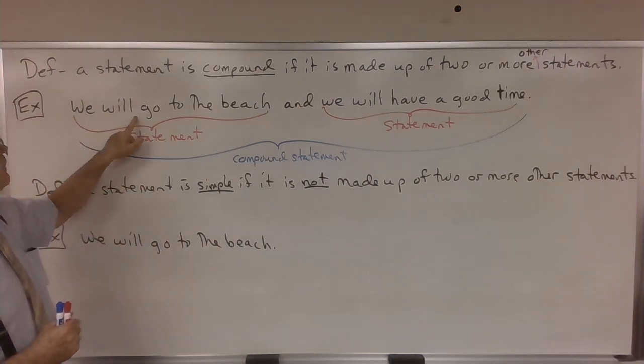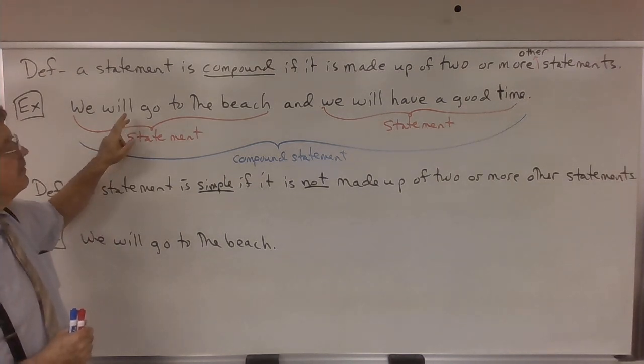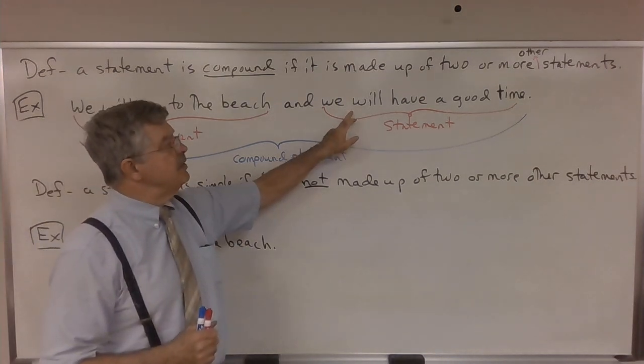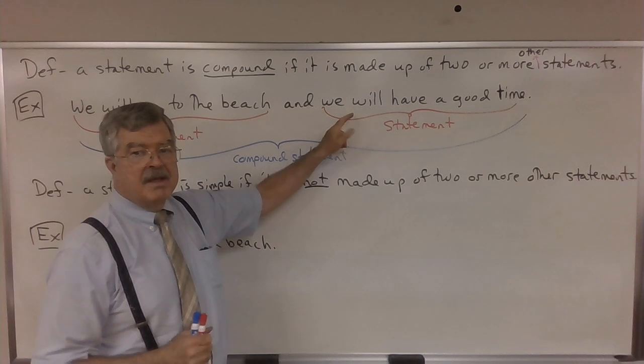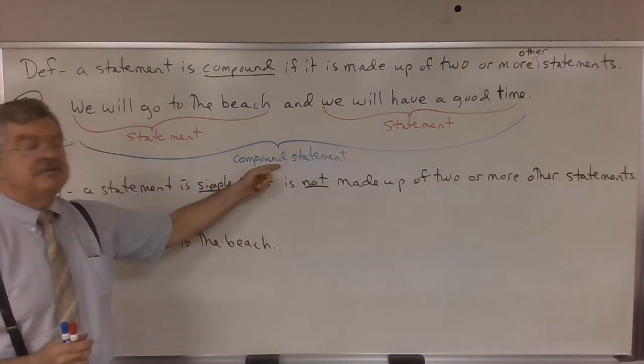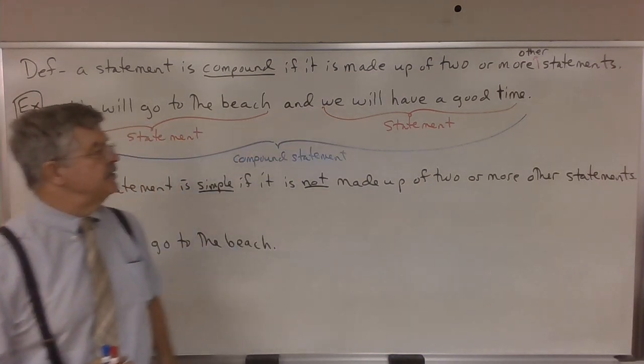So the statement, we will go to the beach, and the statement, we will have a good time, are put together to form this compound statement. We will go to the beach and we will have a good time.